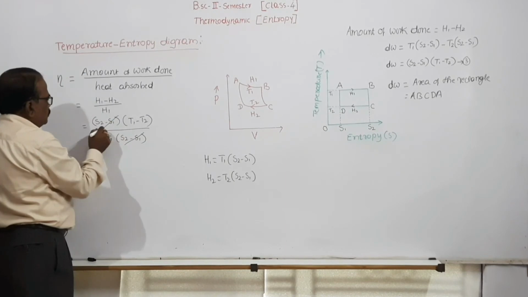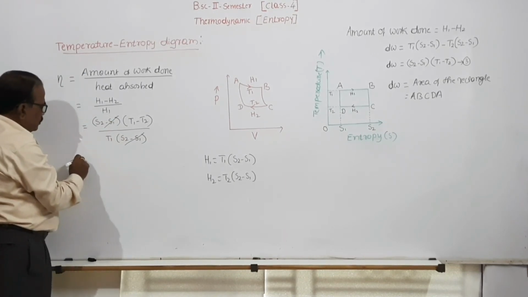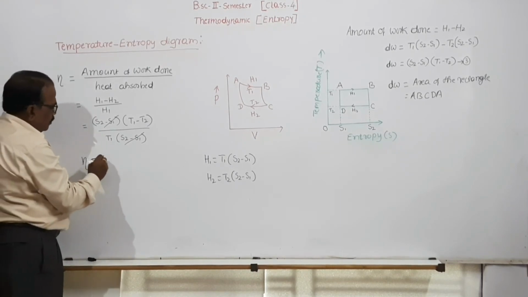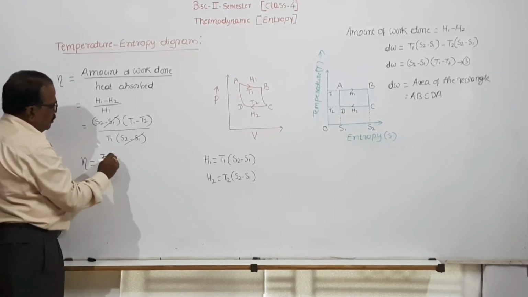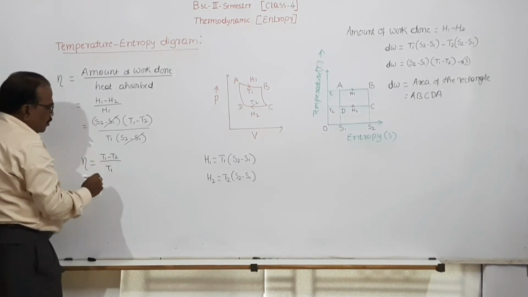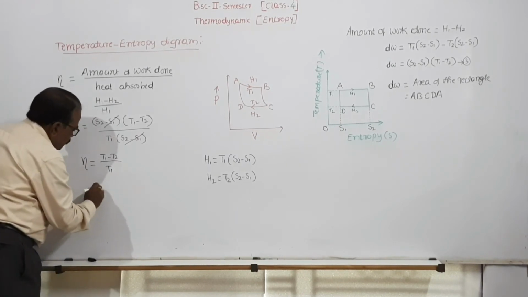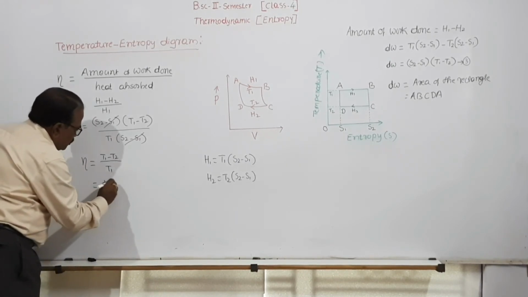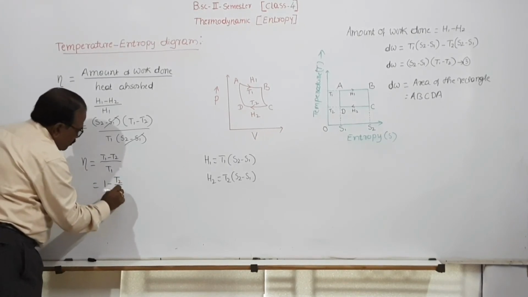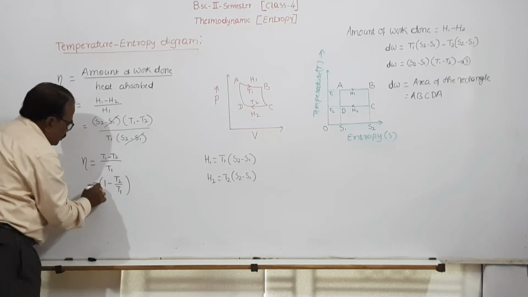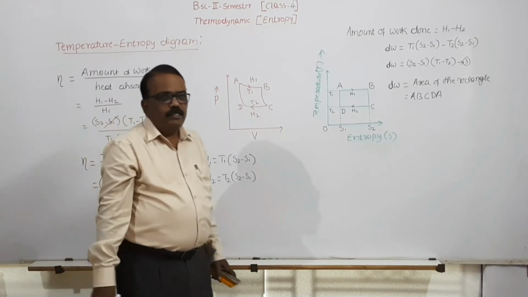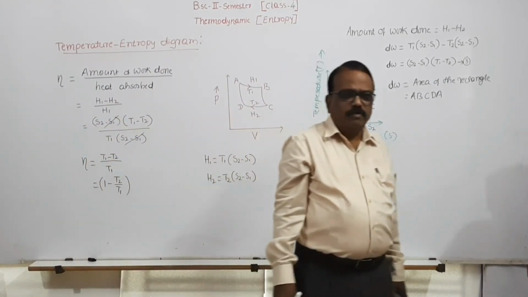Then this cancels. The efficiency eta of the Carnot reversible heat engine is T1 minus T2 upon T1, or this is 1 minus T2 divided by T1. This is the expression for efficiency in the case of the Carnot reversible heat engine.